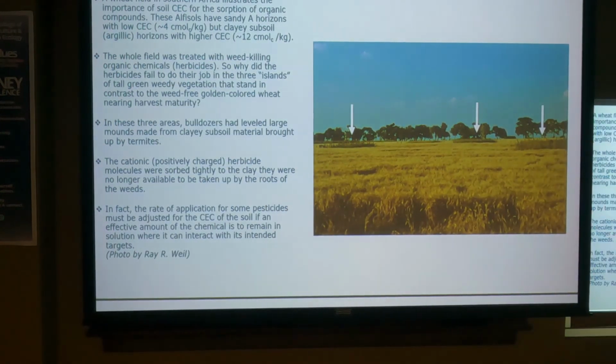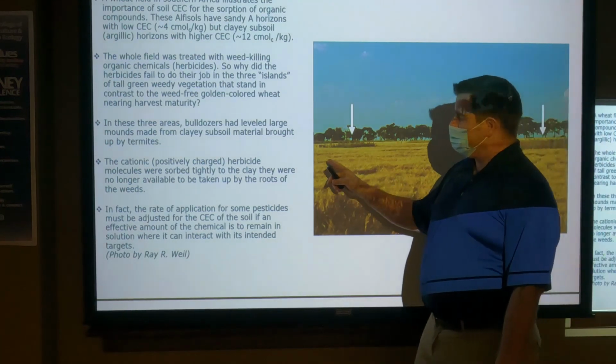You go to apply this herbicide and you ask, how come it didn't work? Well, first thing, maybe this is a resistant species of this weed. It's possible that we could be getting some resistance.